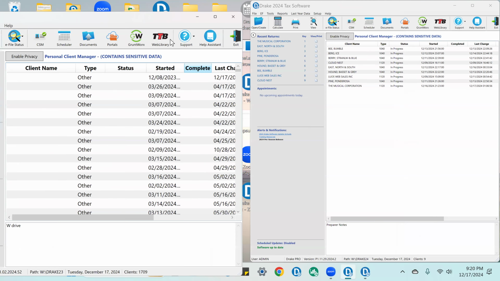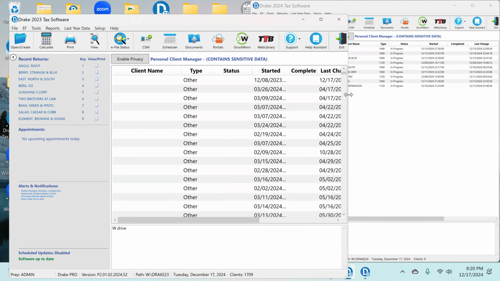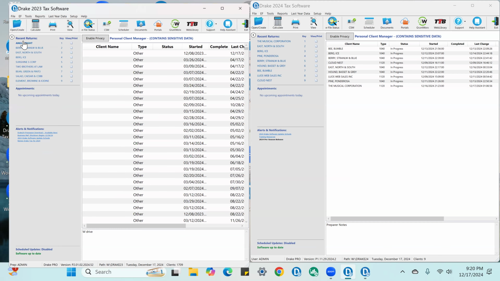So now, as you can see right now, at this moment, the right side is the 2024. The left side is actually 2023. Let me adjust this one a little bit more. Do you see it? It looks pretty good, actually.